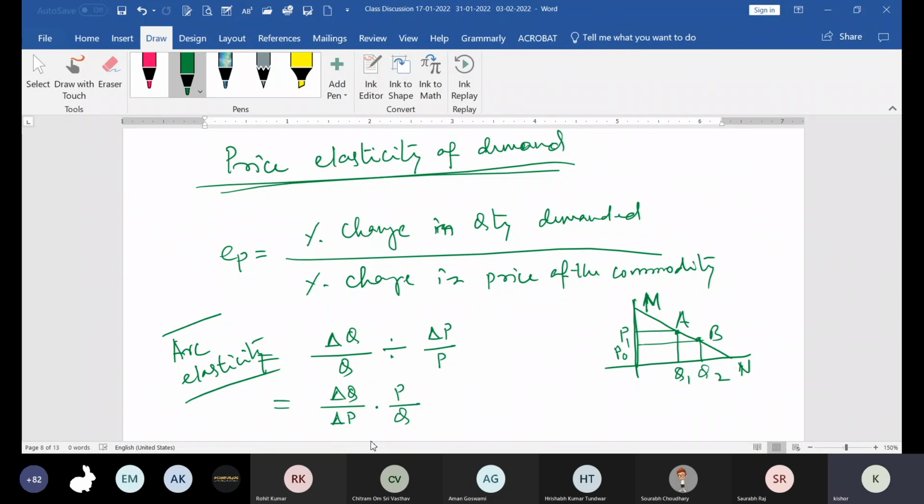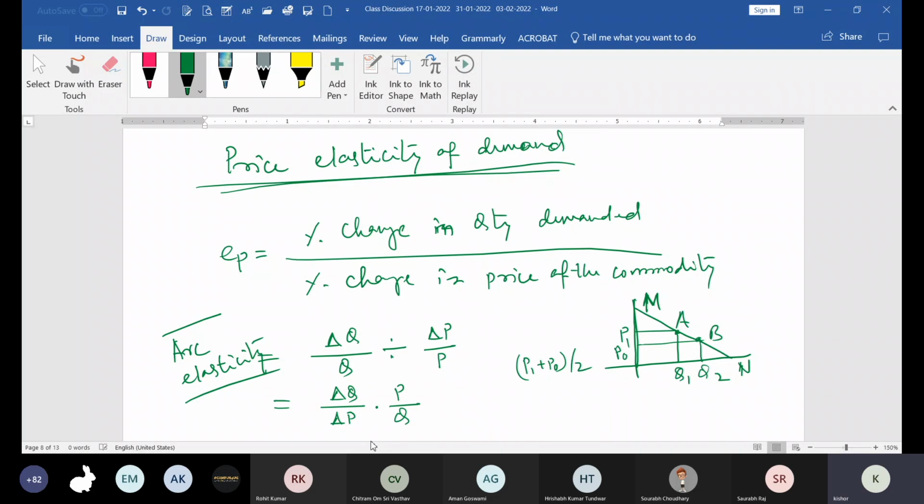Although I said P1, Q1 maybe if you consider A to B. But if someone measures from B to A, P0 and Q2 will be your base price and base quantity. To overcome this, sometimes they consider P1 plus P0 divided by 2.